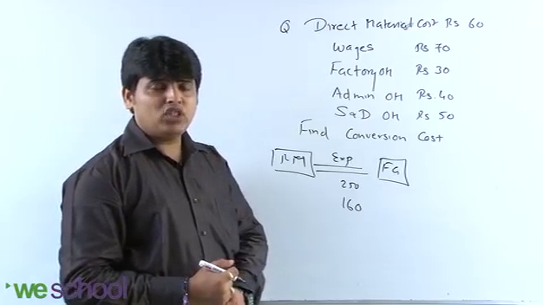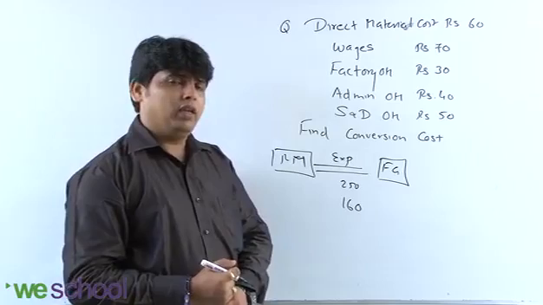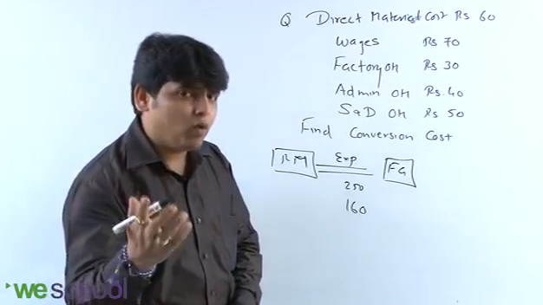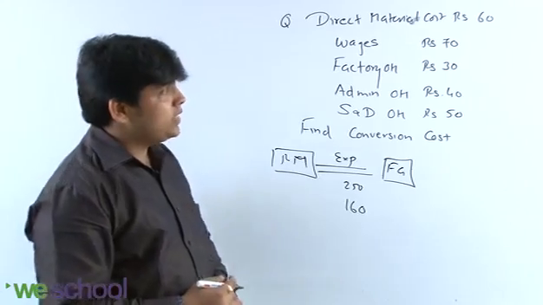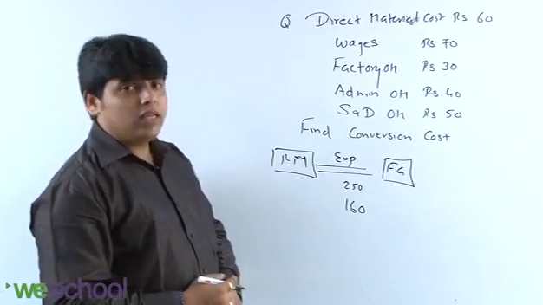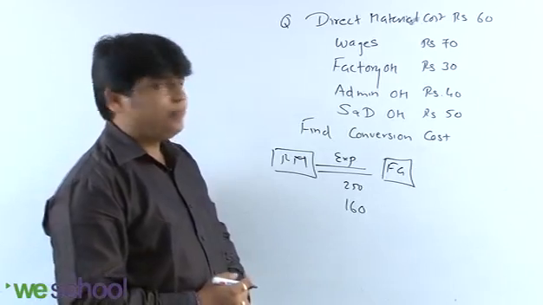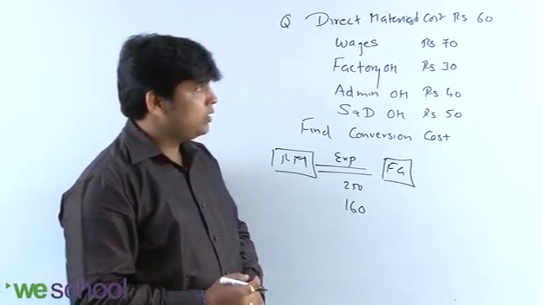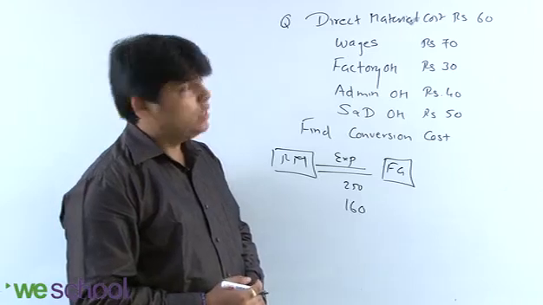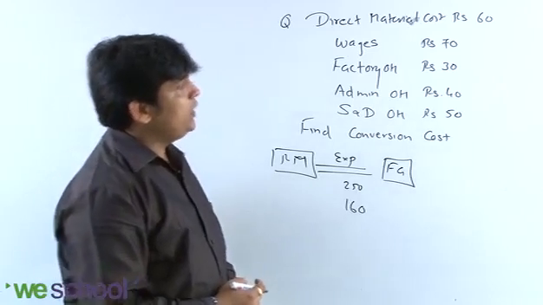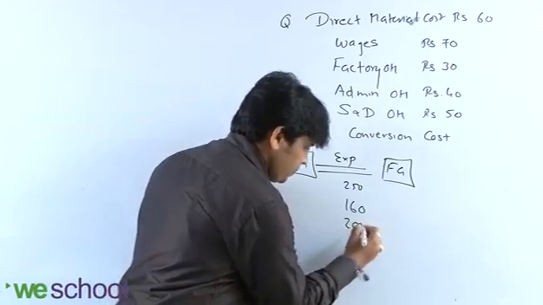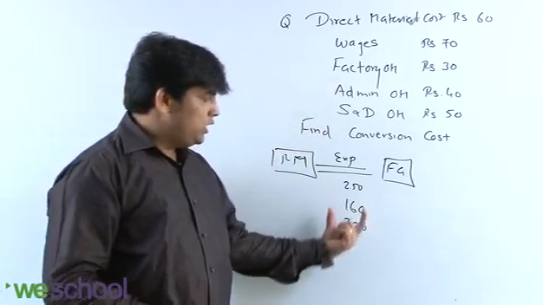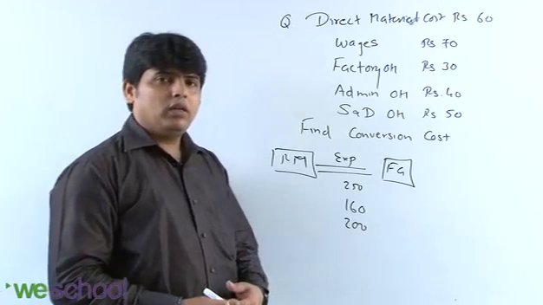One more person is saying the conversion cost is 60 plus 70 plus 30 plus 40, no selling, so according to you it will be 200. So these are all the answers I got.